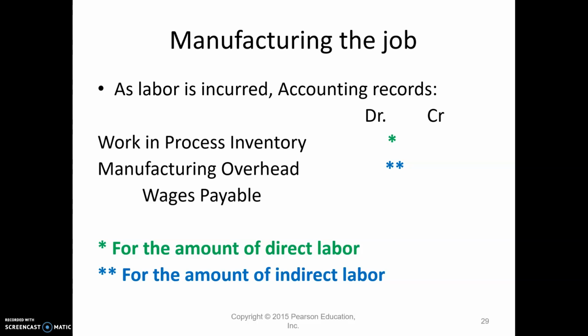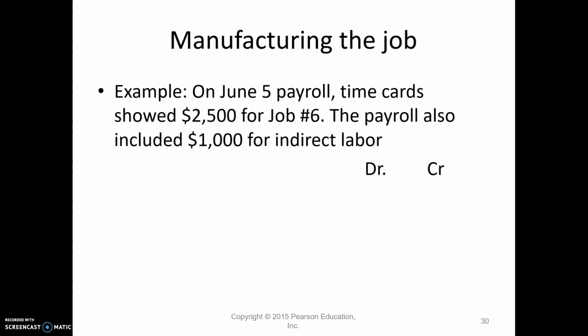So as we incur labor, when we come to our payday, we will debit work in process inventory for the amount of the direct labor. We'll debit manufacturing overhead for the amount of the indirect labor. And we'll credit wages payable for the total amount of the wages.